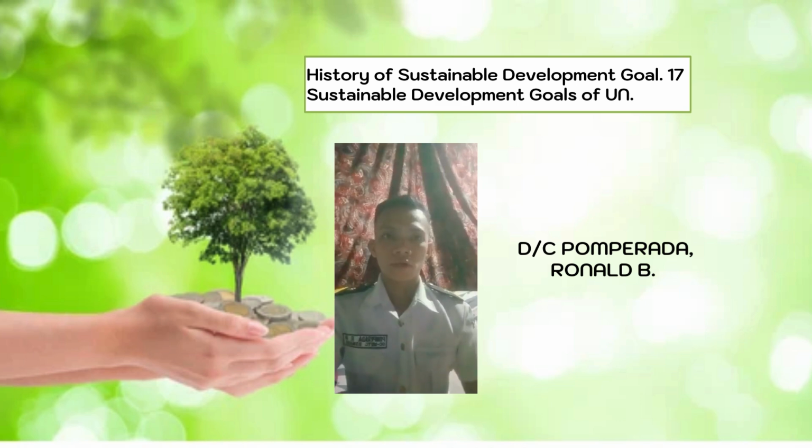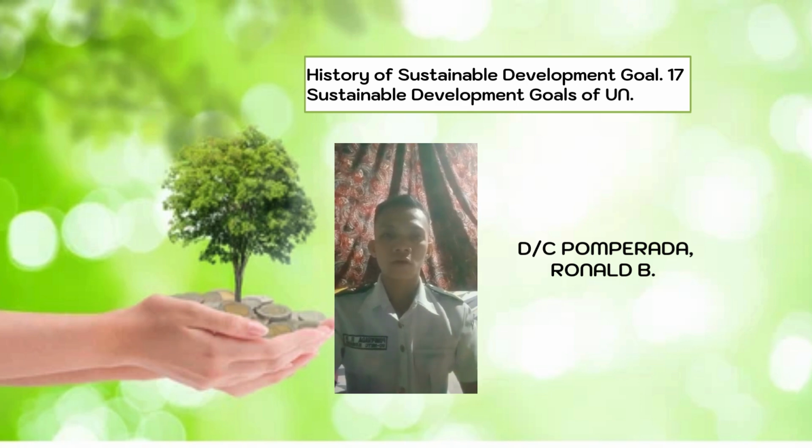Here's a brief history and overview of the 17 Sustainable Development Goals, SDGs of the United Nations. The history: the United Nations Conference on the Human Environment, the Stockholm Conference, the first global conference on environmental issues. In 1983, the Brundtland Commission report introduced the concept of sustainable development.